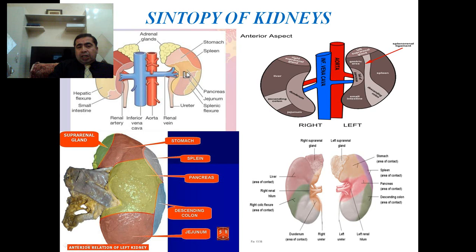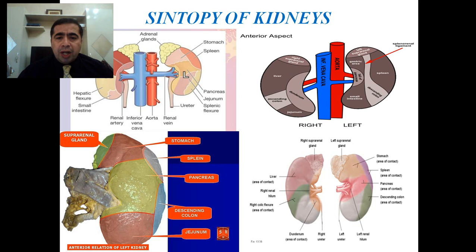Left kidney, the anterior surface of the left kidney, we can divide into thirds. Superior third is in contact with the stomach, middle third with the pancreas, the inferior third with, of course, loops of the jejunum. Laterally, the lateral border of the left kidney is in contact with the spleen and with the left splenic flexure of the colon.